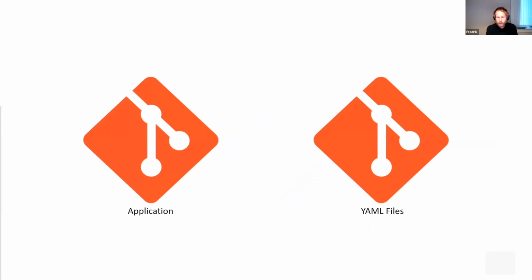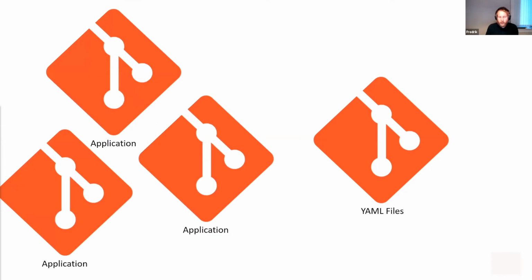Put all the YAML that describes all your applications and basically describes your system. And speaking of systems, you typically have more than one application running in the system. So yeah, one repo represents one namespace, which represents a team and a repo.